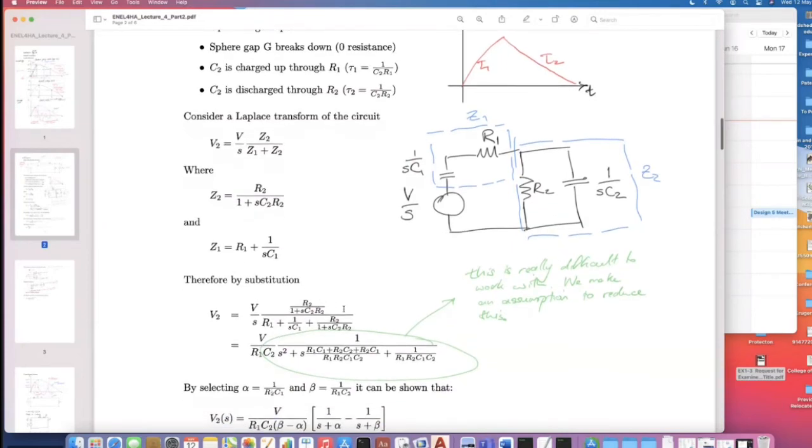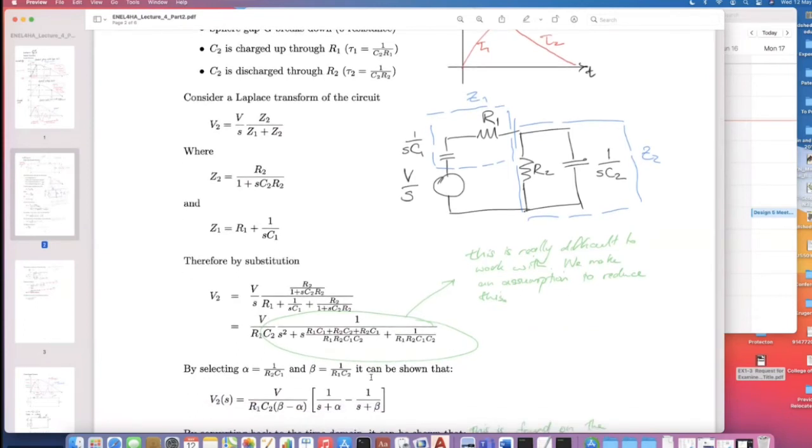From the top equation, we can reduce it to an equation that looks like this. And this itself is quite difficult to work with. So we're going to make an engineering judgment and make an assumption, and we're going to reduce this equation.